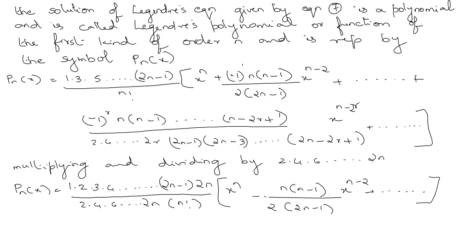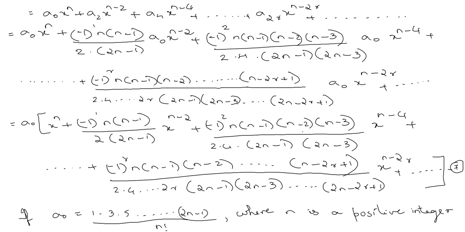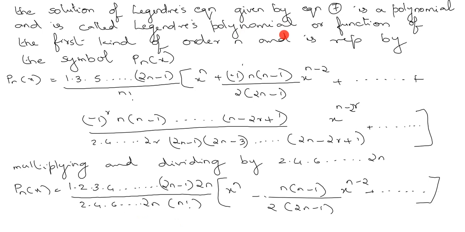That is, if we put a0 equal to 1, 3, 5 etc. to n minus 1 by n factorial, we can replace y by Pn of x, where Pn of x is the Legendre's polynomial or function of the first kind of order n.